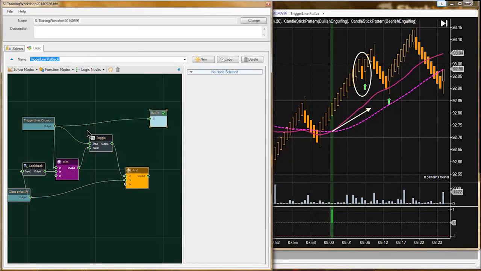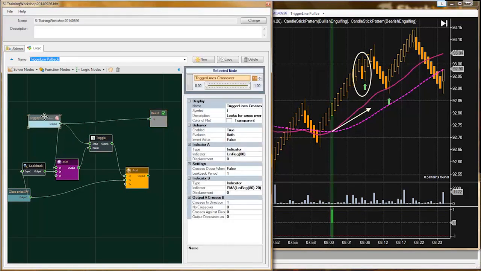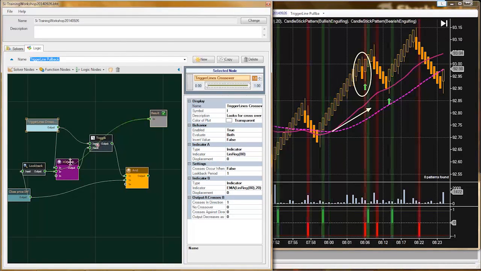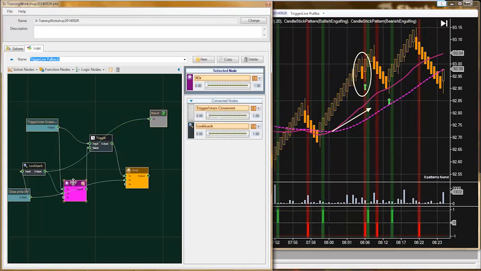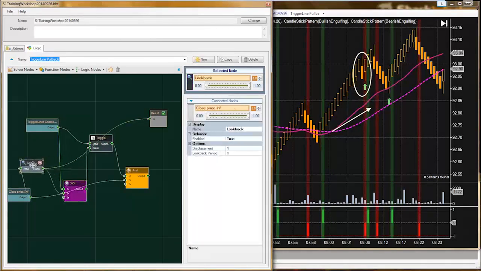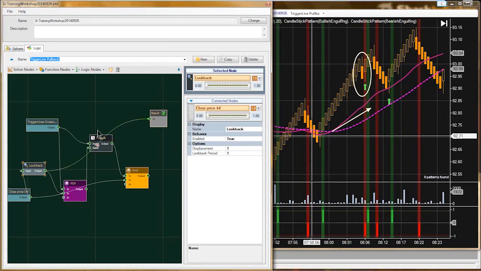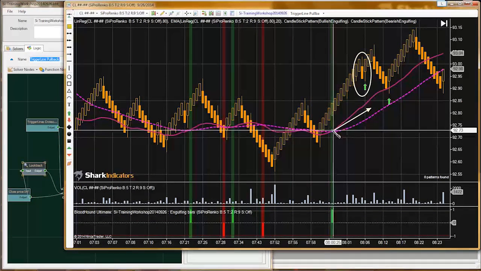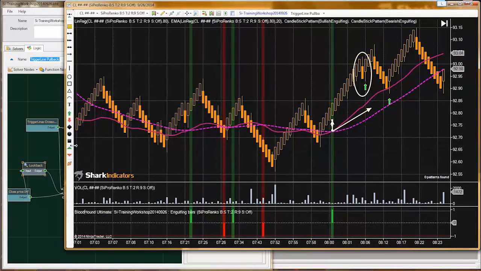So this logic did not work, right? Because with our crossover solver, we get a long signal here on this bar. Let me mark this bar here. There we go, that's the bar in question.